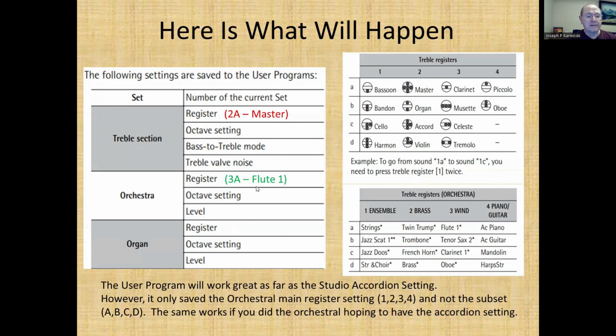So if you had whatever done this, and let's say you had for your accordion the violin over here, when you would turn orchestral off, you wouldn't go to the violin, you would go to the master. It will remember the column, but not the row, if that makes more sense to you.